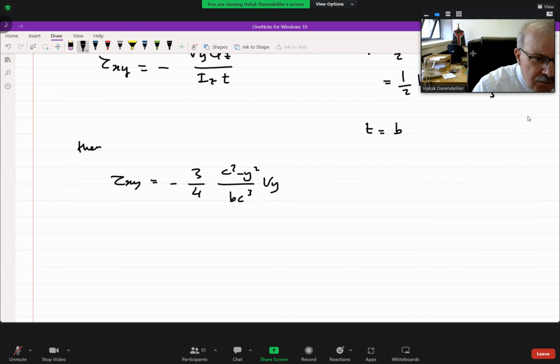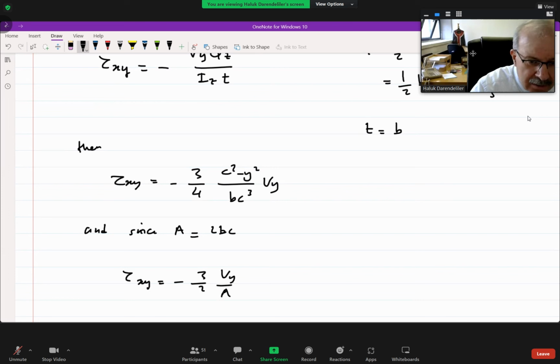Or you can further refine this equation, since A is equal to 2bc. You can write tau xy as minus 3 over 2 times Vy over A, times (1 minus y square over c square). This is how you use this equation.